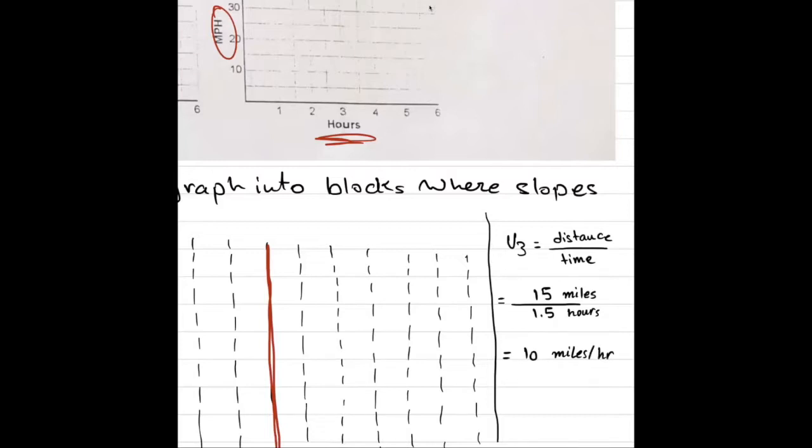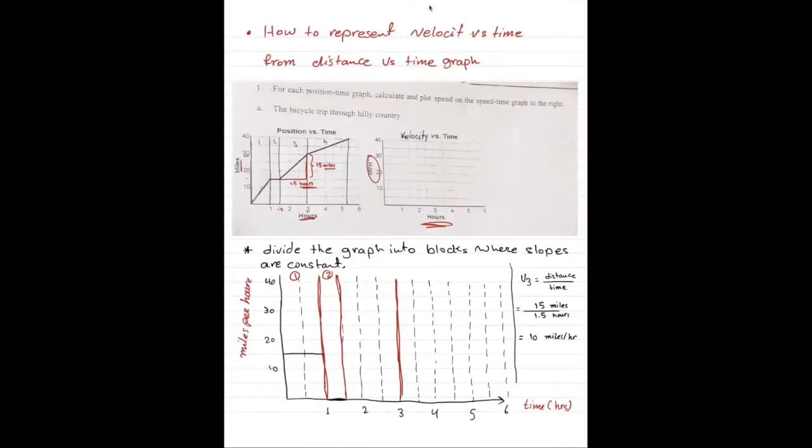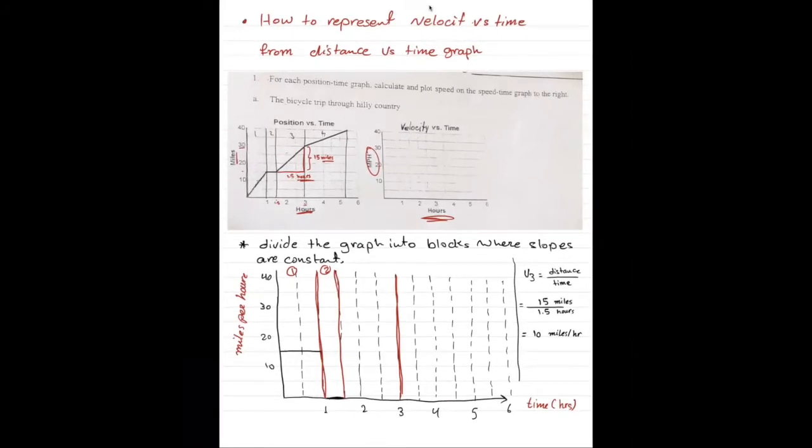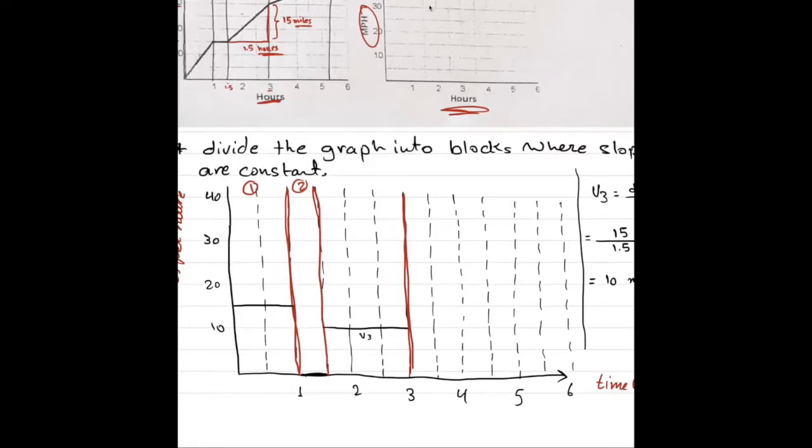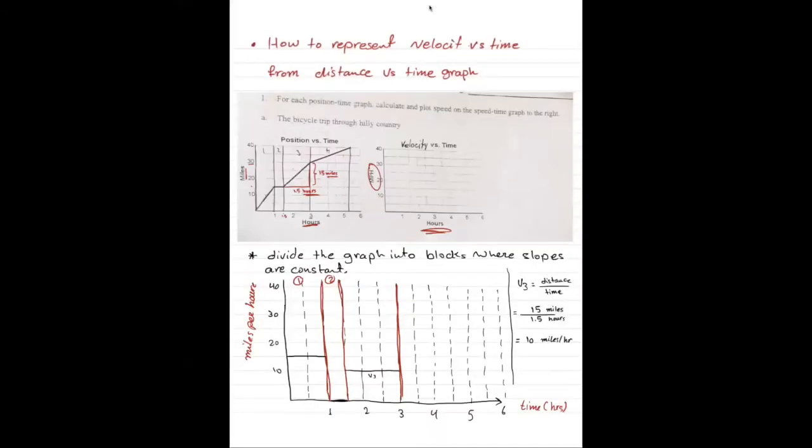All right, we'll take that number and put it on the velocity and time graph. So it's 10, it will be right here. That's V3, and that was our velocity for block 3.